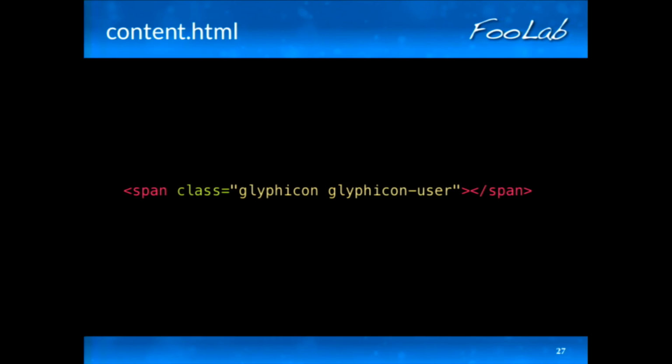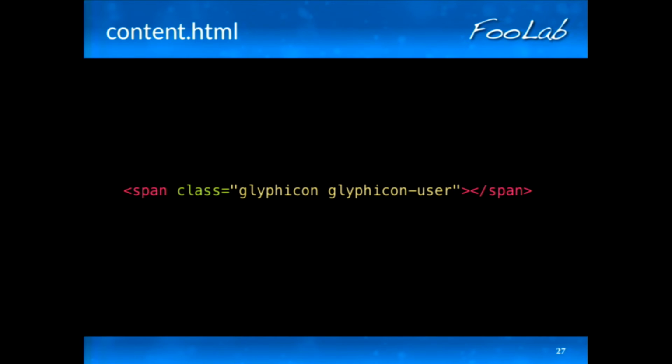So you take a span or any other container you like, and you just say glyphicon, I'm not sure how to pronounce it, glyphicon and glyphicon-user. You write those two. There's user, there's star, there's heart, there's link, there's file, there's 200 of them, and there's a reference on the Bootstrap website, and you can use all of them.